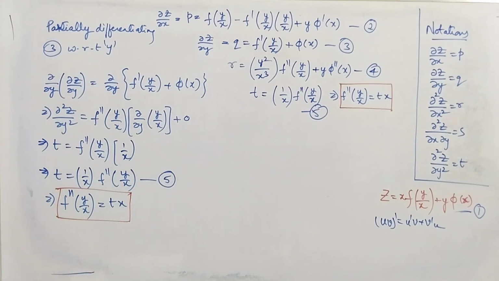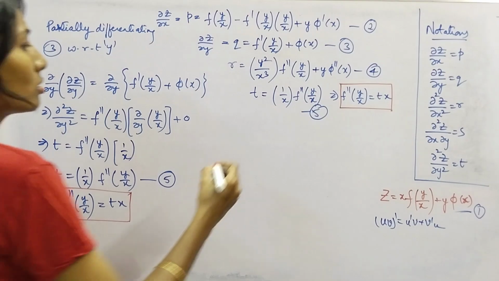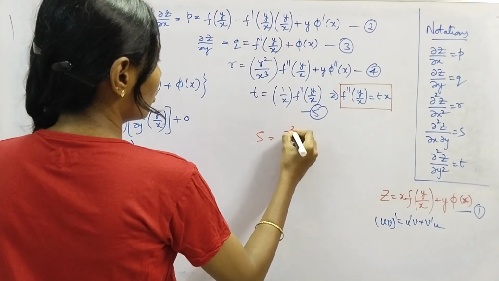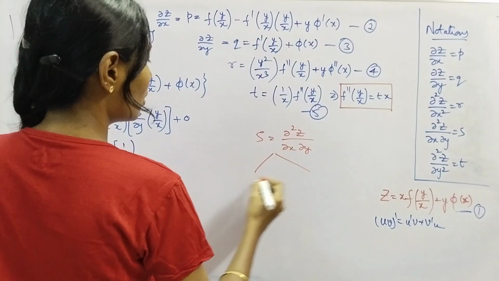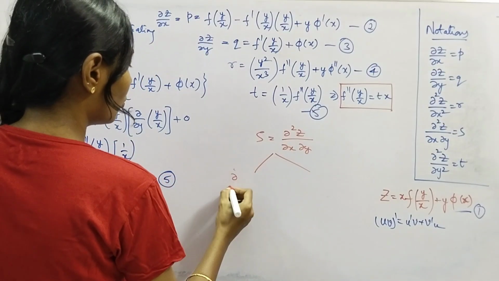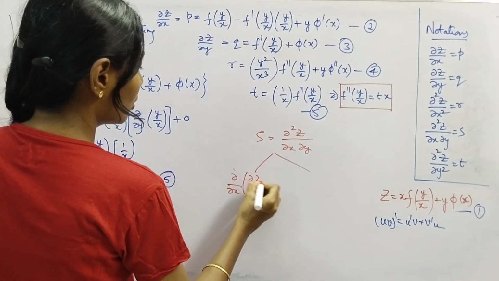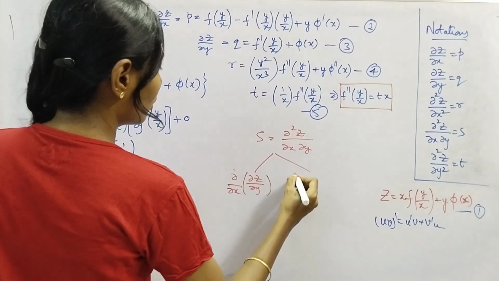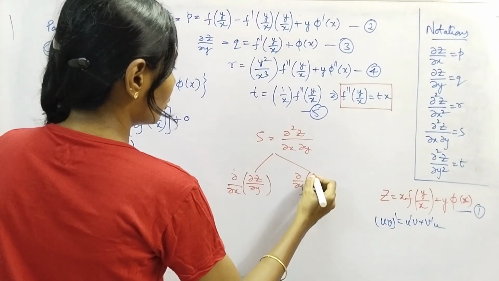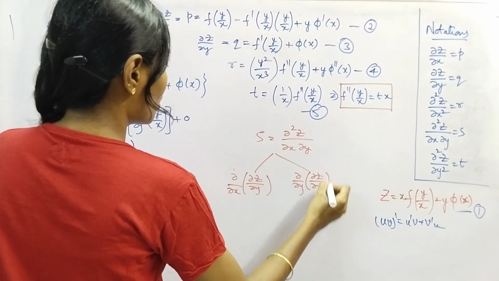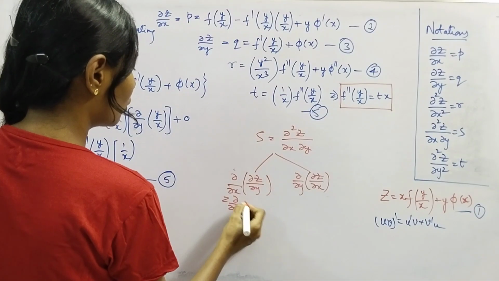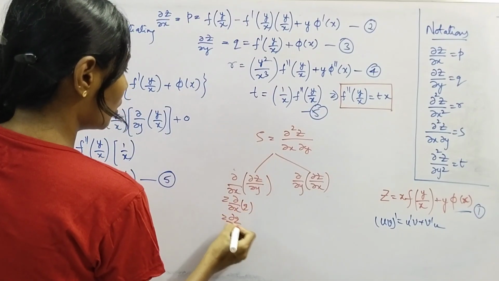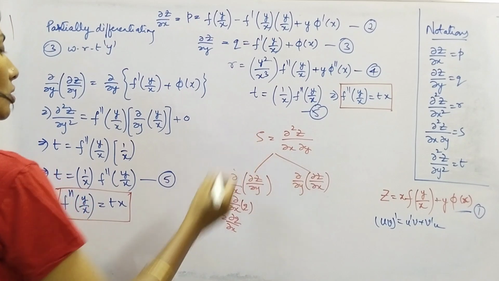Right. Now we'll find the equation involving s. s is nothing but dou square z by dou x dou y, or we can write this in two ways: dou by dou x of dou z by dou y, or dou by dou y of dou z by dou x. Since dou z by dou y is nothing but q, the partial derivative of q with respect to x gives s.